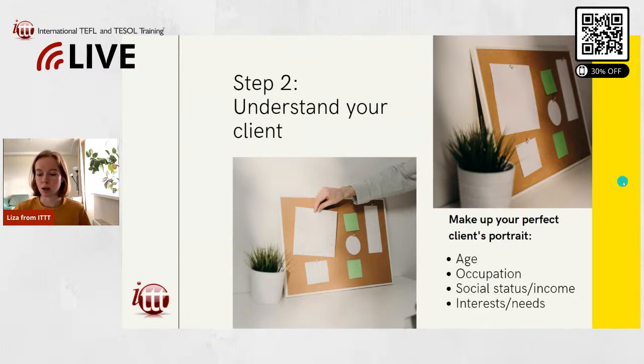And again, let me give an example. So, for example, when I work with my exam preparation students and when I promote my services, I usually target a very, very narrow group of people.